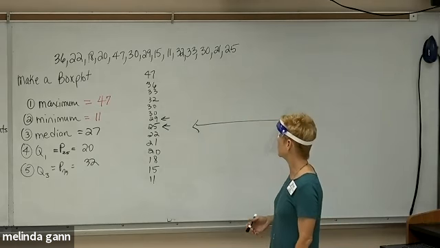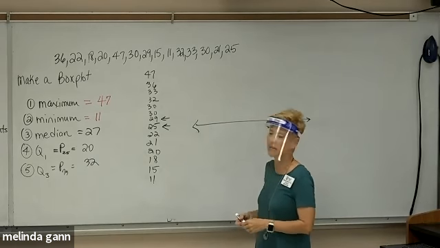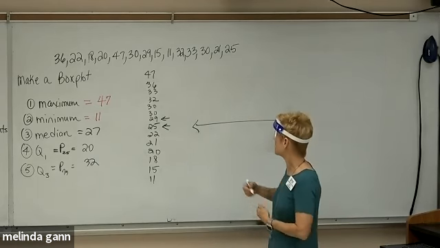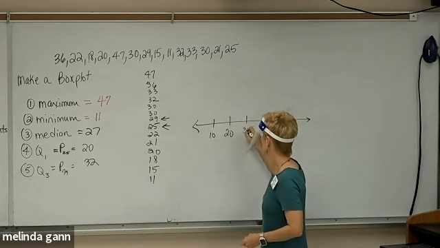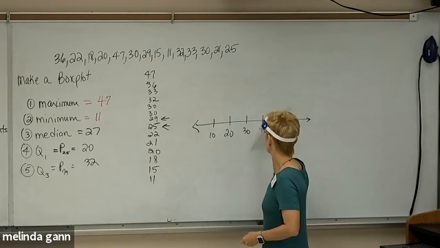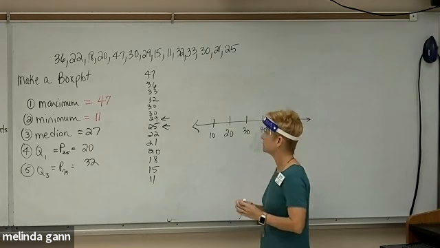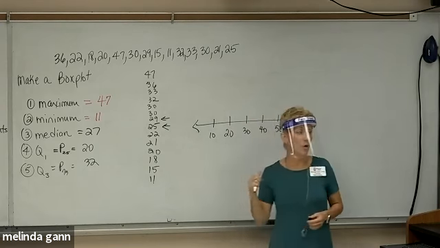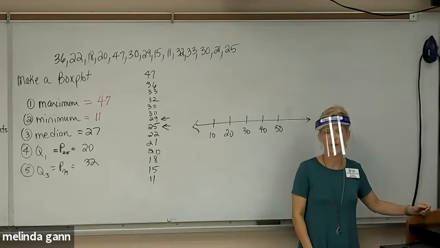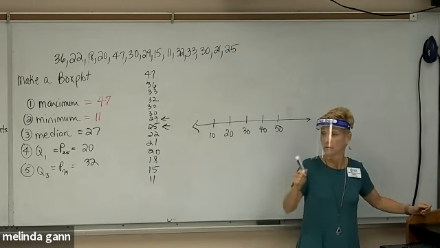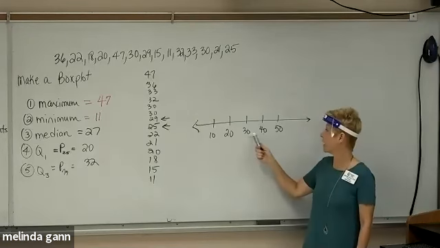I probably would in this case, maybe I'll start with 10. Maybe I decide I'm going to go up by 10s. You've at least got to go from your low to your high. If my numbers started with 152, I'm not going to start at 0. I just need to know what you're going up by on this number line.